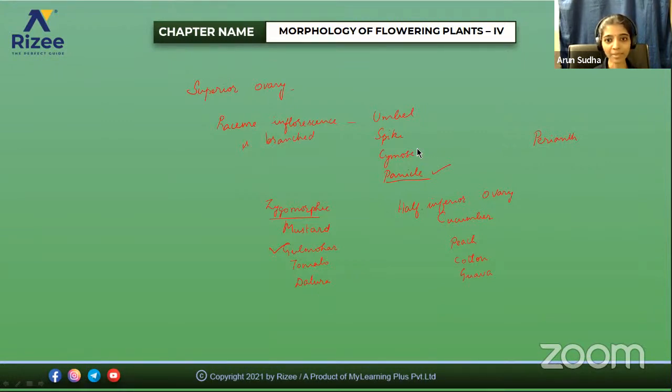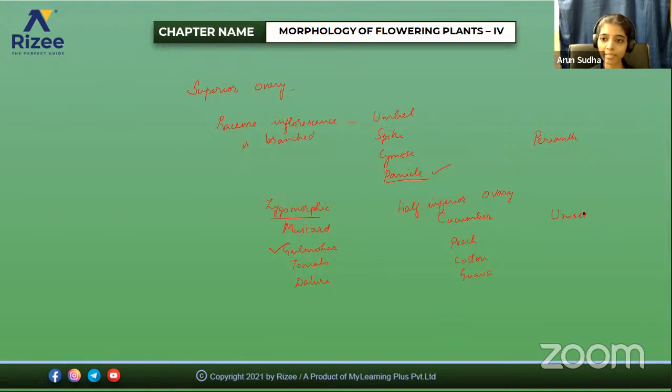That's what I explained, the differences between unisexual and bisexual, and monoecious and dioecious. If any one organ, either androecium or gynoecium, is present, then that is called the unisexual flower.